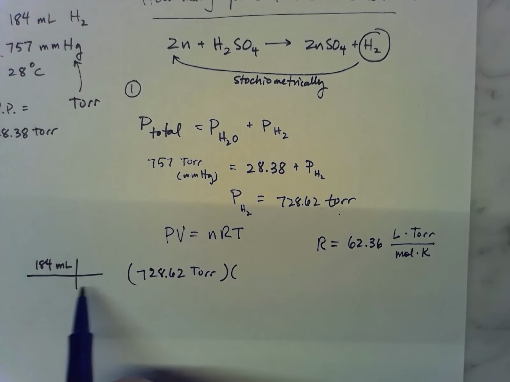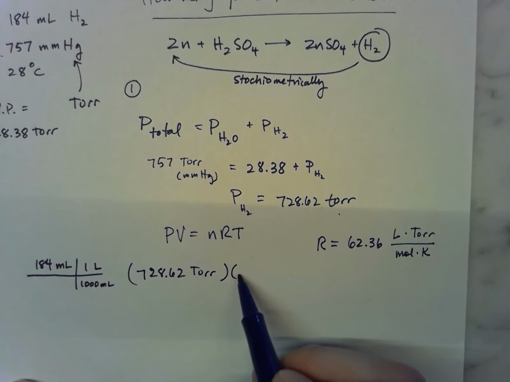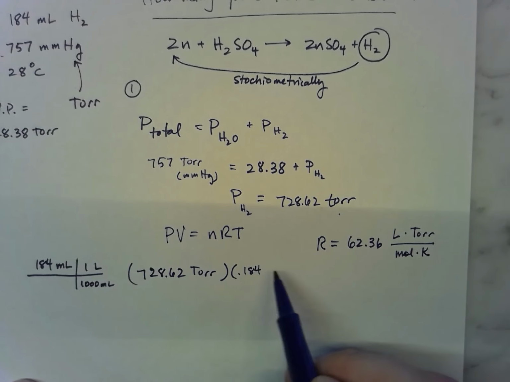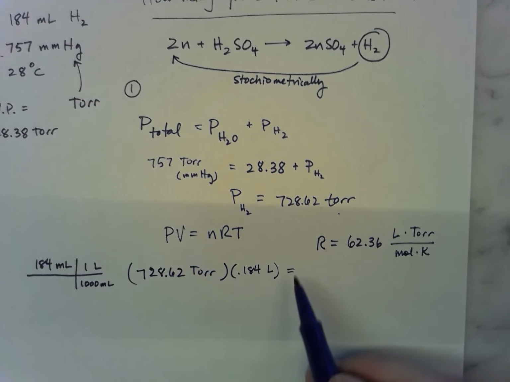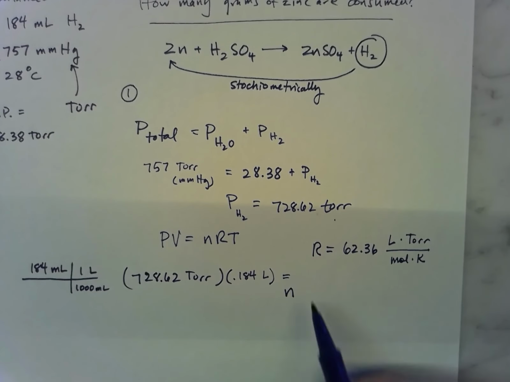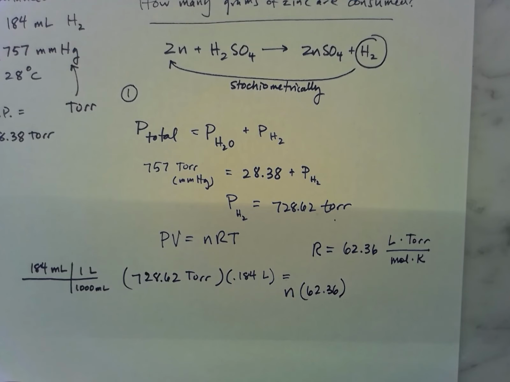What's our conversion? 1,000 milliliters to 1 liter. So that's 0.184 liters. That is equal to n. Well, that's what we're solving for. R, we said, was 62.36, and I won't write that whole unit again. And then T.